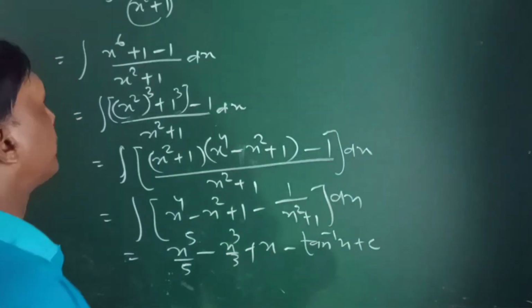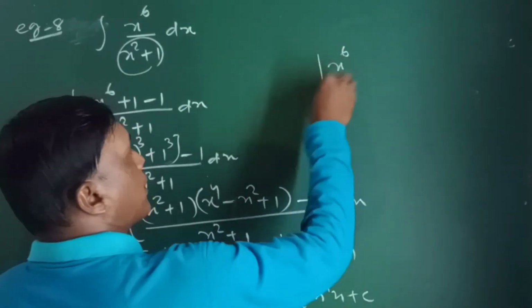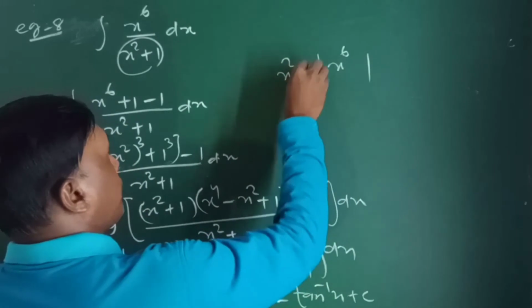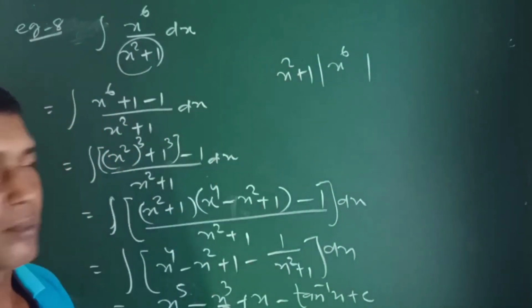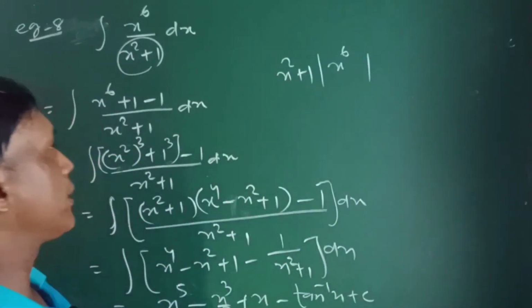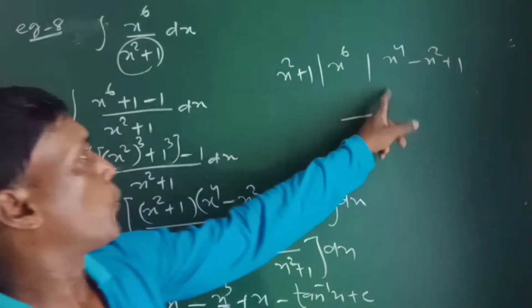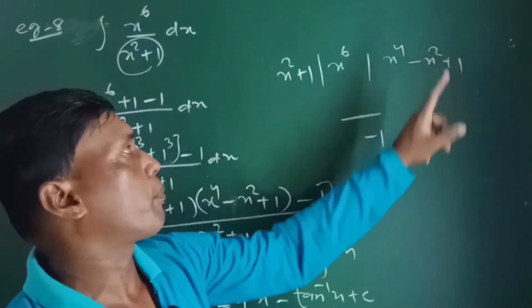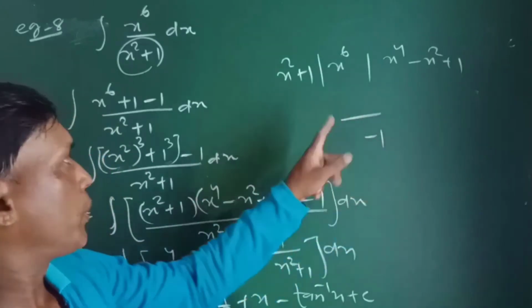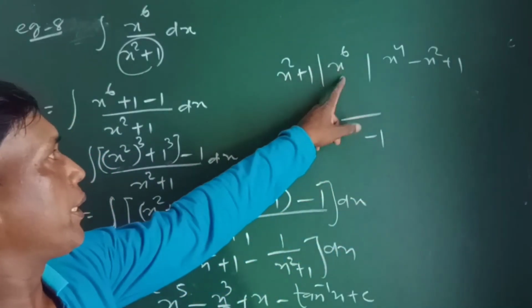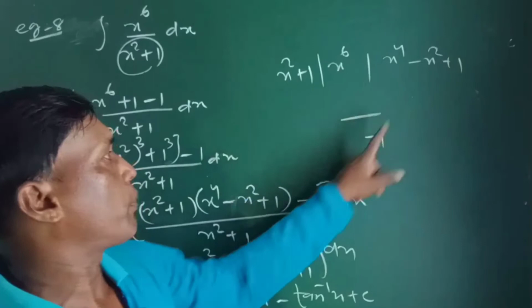Another trick is you can divide x to the power 6 by x square plus 1. If you divide this, then you will find the quotient as x to the 4 minus x square plus 1 and the remainder is minus 1. But we know that the dividend is divisor into quotient plus remainder.